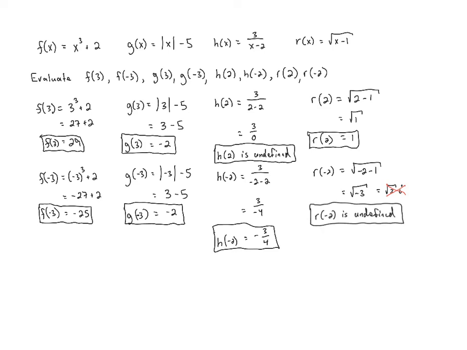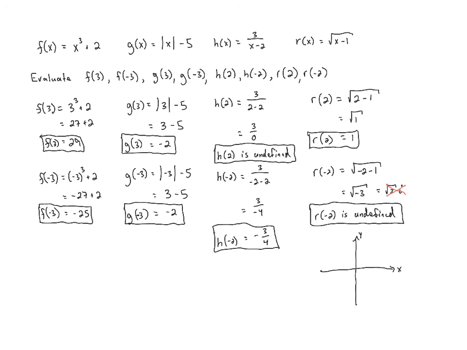Some of you might have a desire, since you learned about imaginary numbers, to put an answer here, because you know there is an answer if we consider imaginary numbers. But the thing is, we're going to want to be graphing functions as we move forward. And when we're graphing, the x value here would be negative 2.